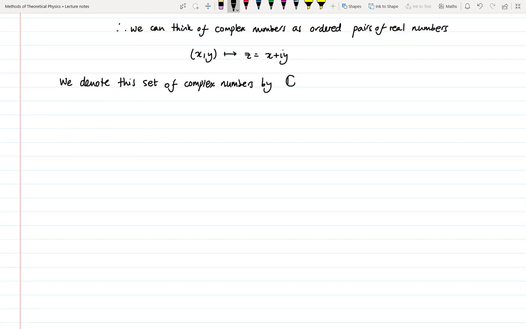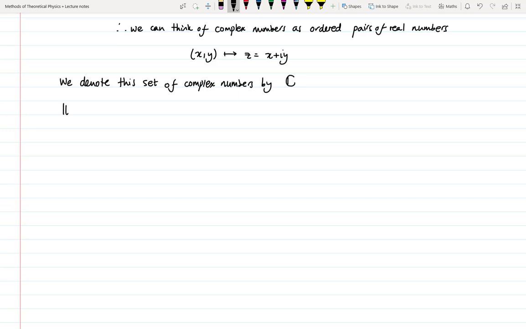Now it's worth for a second thinking why we were still allowed to assume that there were two roots to our quadratic equation. And it turns out that this is all to do with something called the fundamental theorem of algebra.